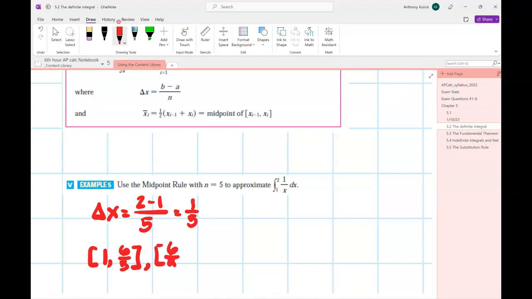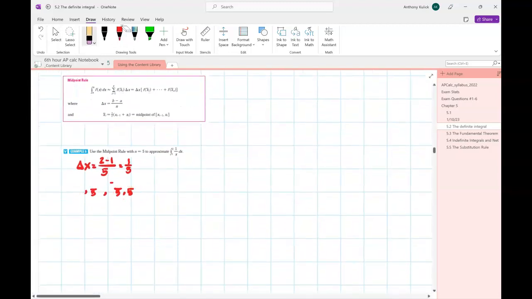So I have 1 to 6/5, 6/5 to 7/5. Zoom out so I can write these legibly. So these are my subintervals, right?